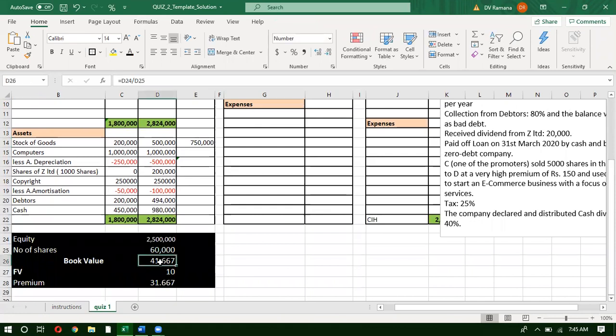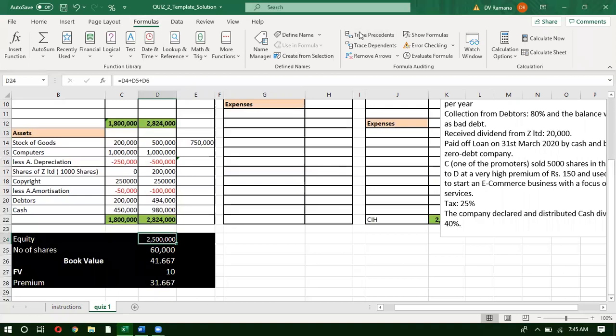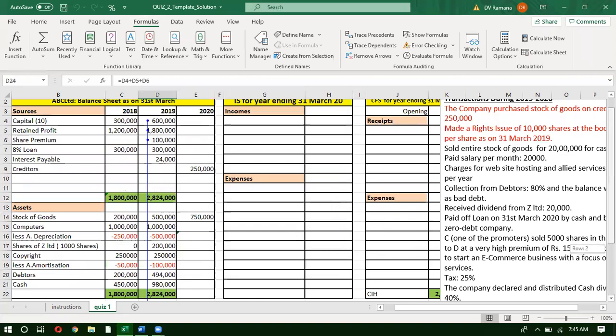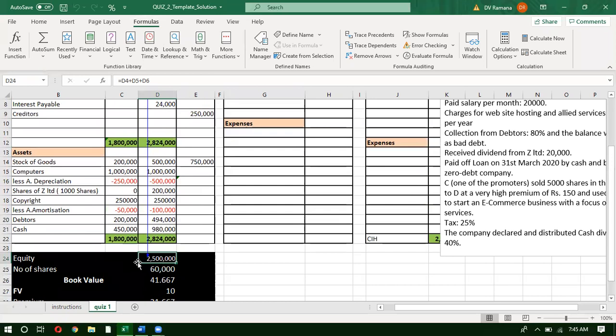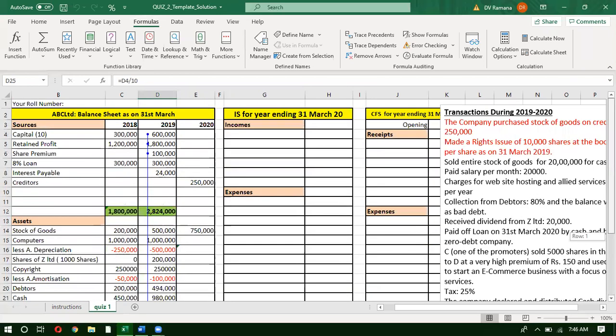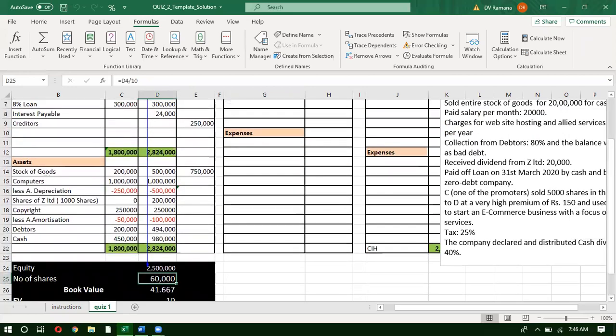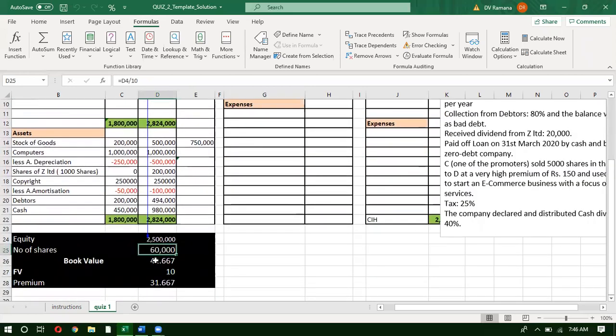The book value is equal to equity divided by the number of shares, and equity is equal to capital plus retained profit plus share premium. The number of shares is 60,000, which is capital divided by the face value. So therefore, the book value per share is 41.66. So the rights issue was made at 41.66, and the premium is 31.66.